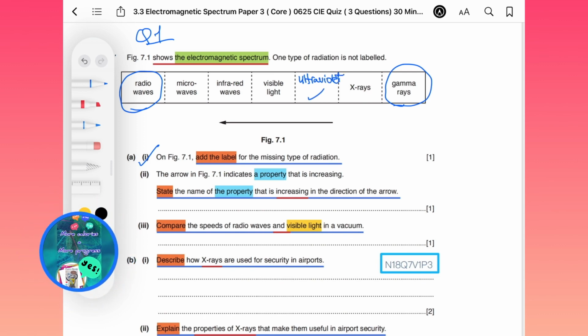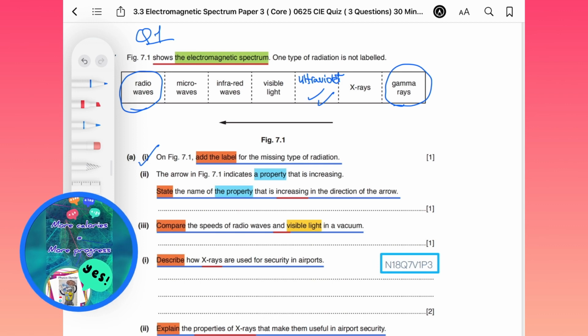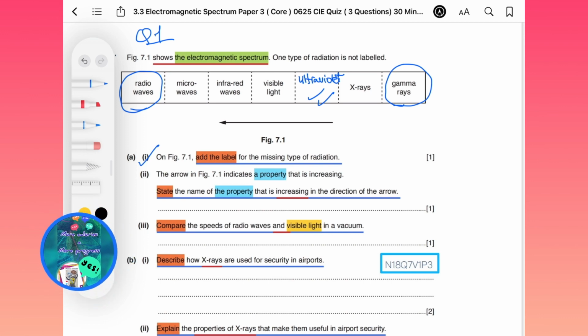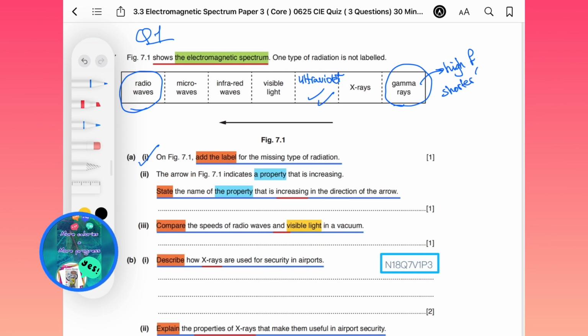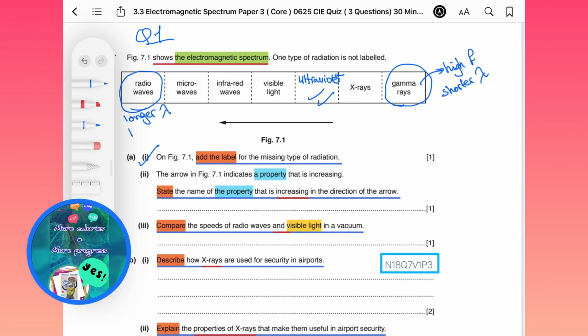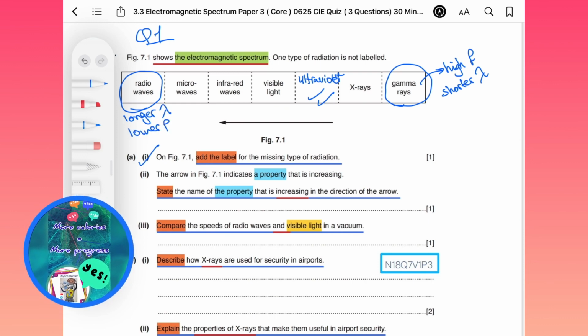Okay. The arrow indicates a property that is increasing. Which property is increasing in this direction? Let's revise that gamma rays, they have high frequency and they have shorter wavelength. But radio waves, they have longer wavelength, but they have lower frequency.